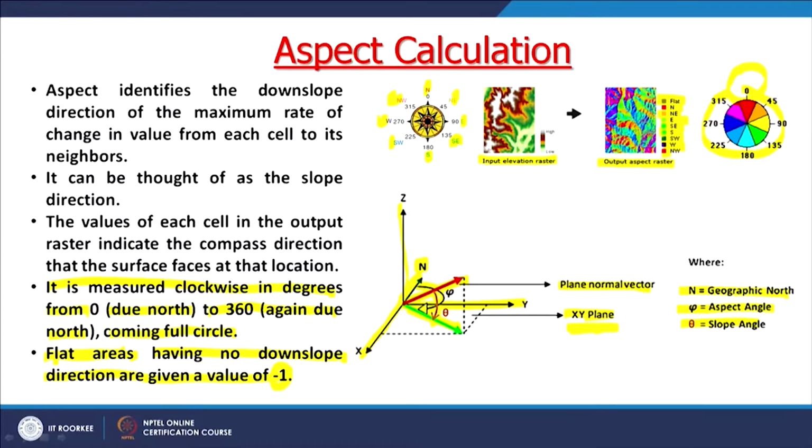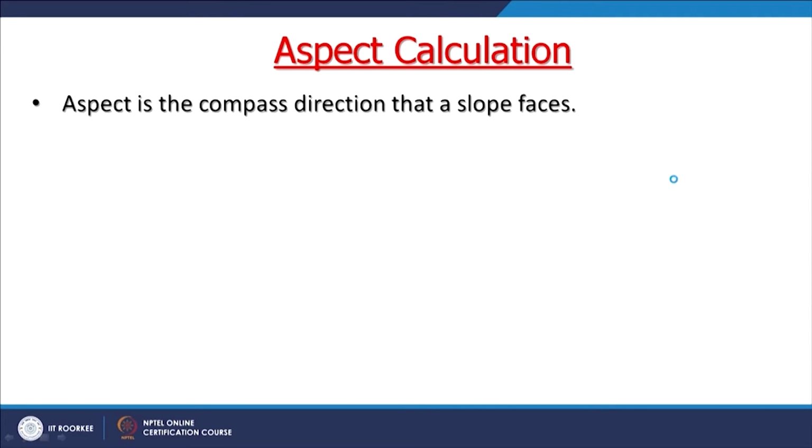In the software it is assigned a -1 value, so automatically it can be identified that this is a flat terrain. Here you are seeing only 8 directions in the legend plus 1 flat, but in the system for each sloping surface you can have variations between 0 to 360 degrees.